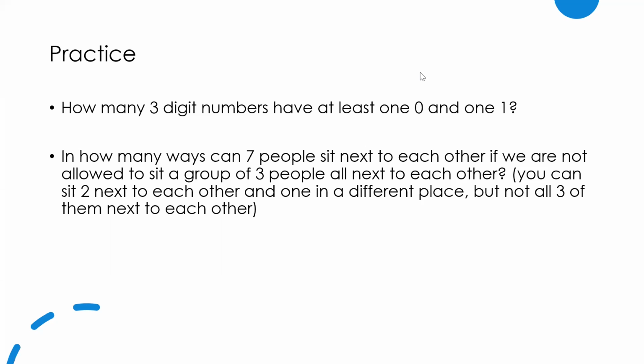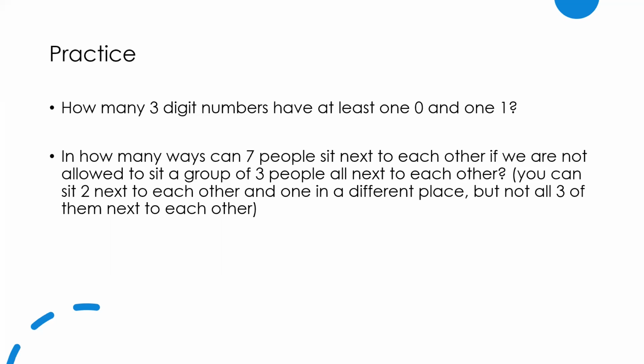We can put all 3 people into one super group, count them all as one person, and break them up later. So here we just have 5 people and 1 person.